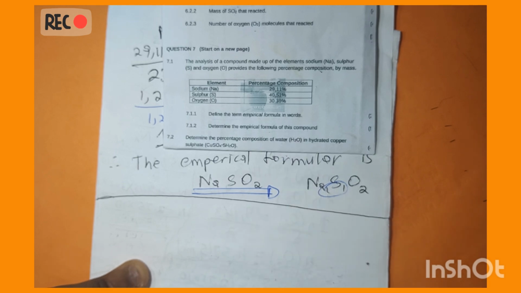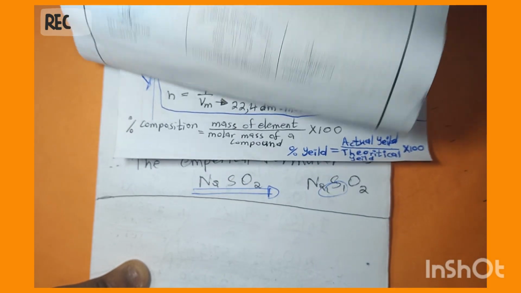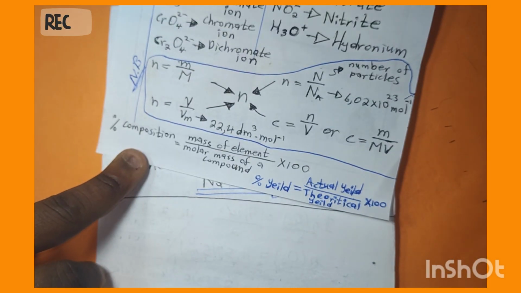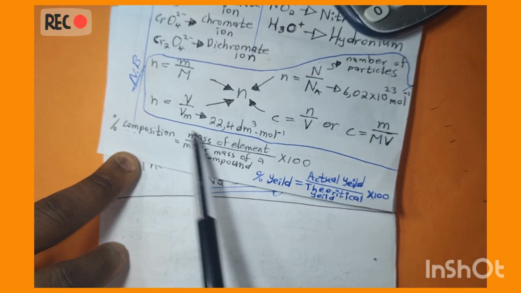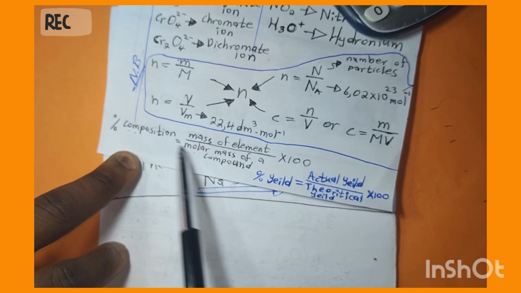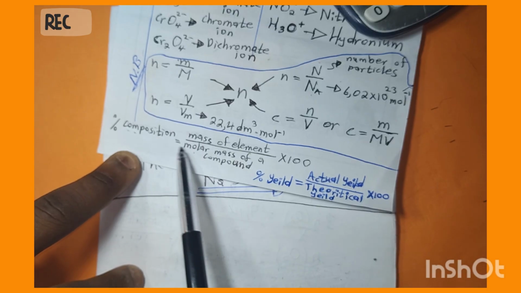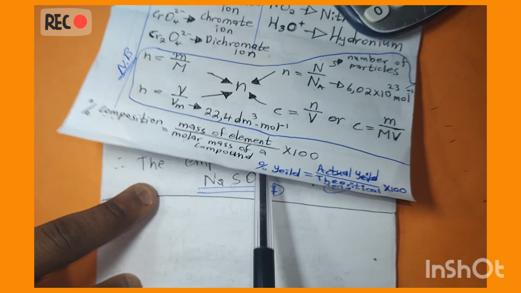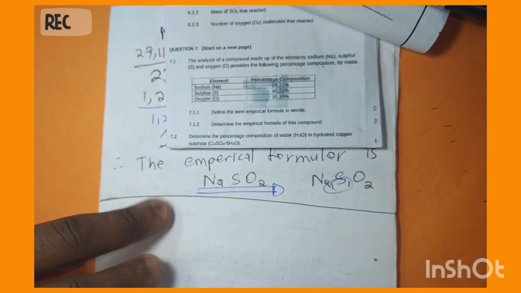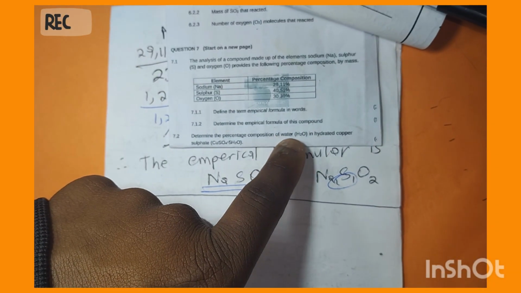Do you still remember from these notes where I told you that a percentage composition, we will use it to identify what percentage of an element is in a compound? The thing that we are focusing on now is the compound of water, by the way.